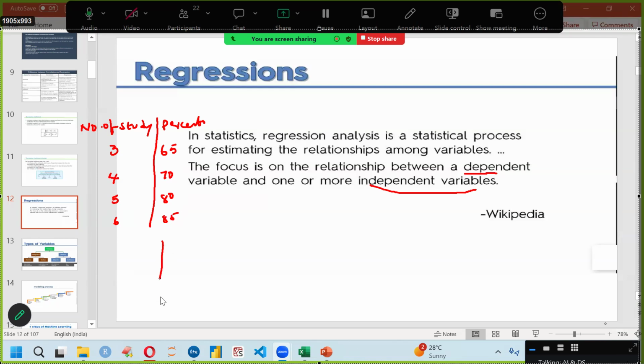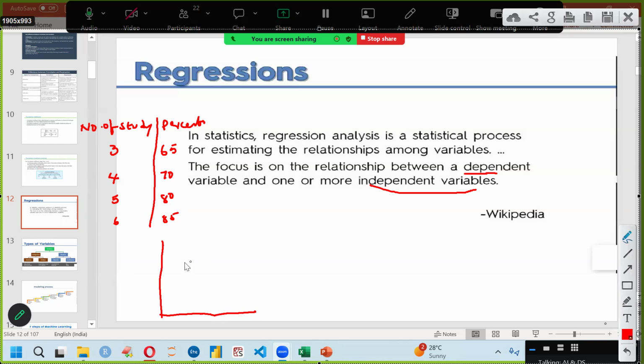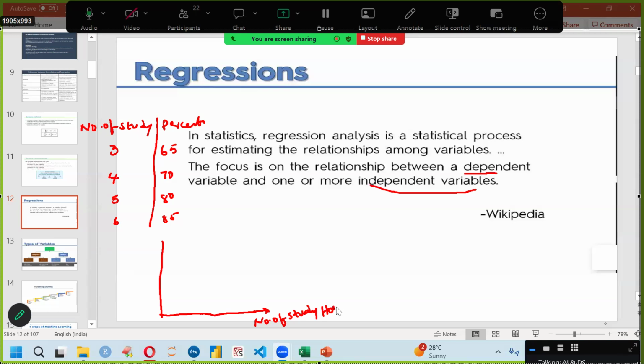Okay, so what we are doing, we are plotting a scatter plot. On the x-axis, I'm taking number of study hours, and on the y-axis, I'm taking percentage.